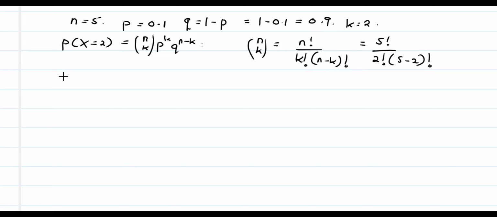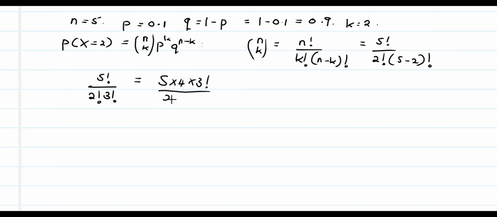So this becomes 5 factorial over 2 factorial times 5 minus 2, which is 3, so 3 factorial. Which becomes 5 by 4 by 3 factorial. Because I have a 3 factorial here, I want to divide it with this 3.